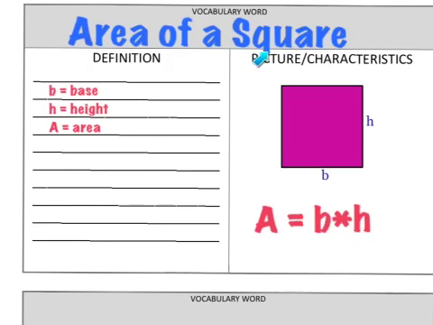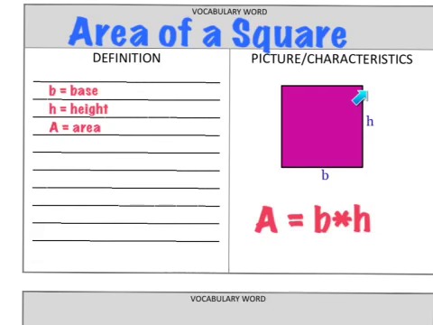Okay, how about we look at a square? Now squares, you might be used to looking at the sides of a square and calling them sides. Side, side, or length and width. Okay, well we know that they're the same. The base, the height, length, width, side, side.